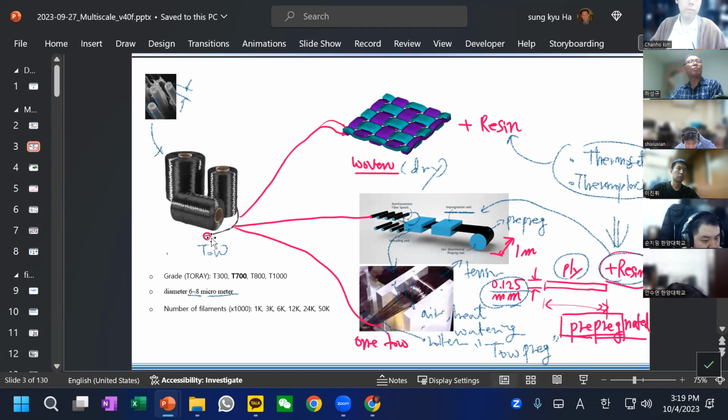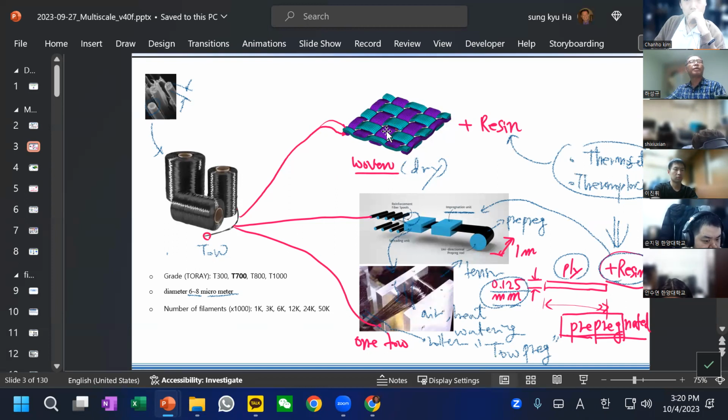You can imagine how many filaments are in one tow. This tow can be woven as woven fabrics, dry, plus resin, and we demonstrated how the composites, I mean woven fabrics, can be stiffer or weaker depending on the interlock.